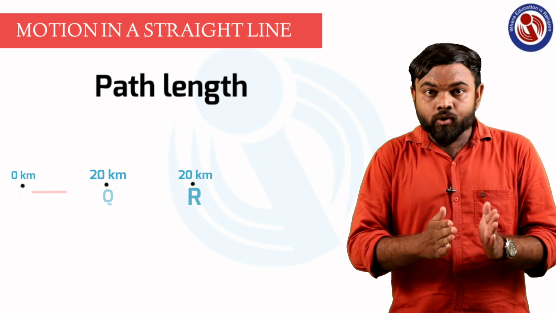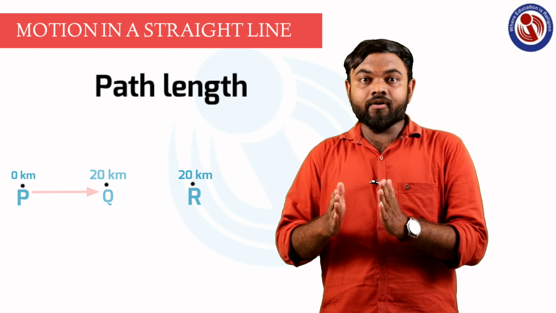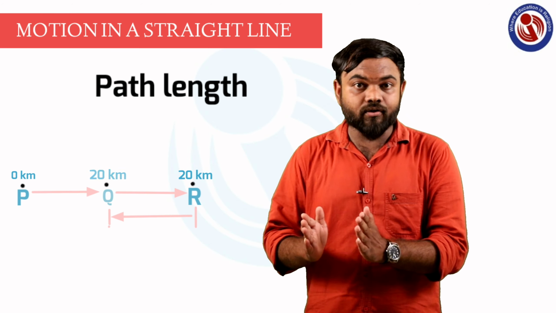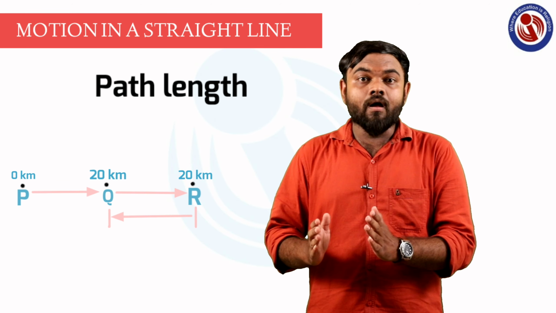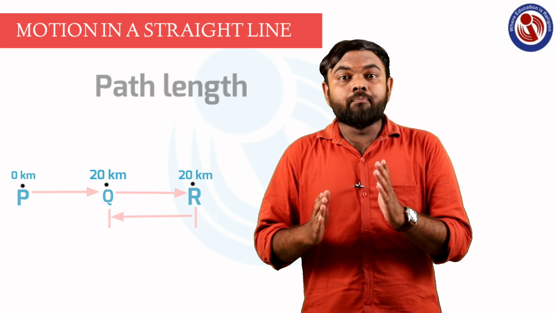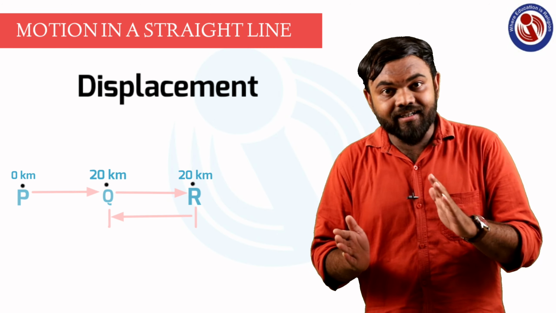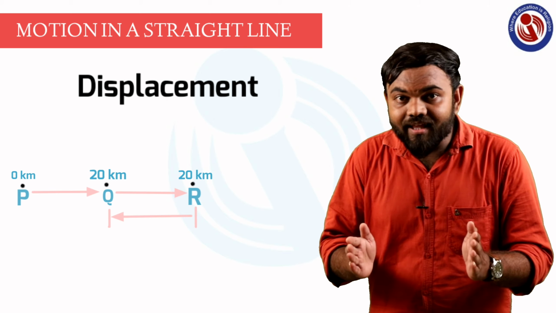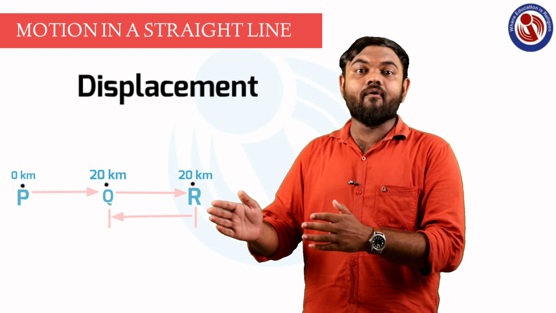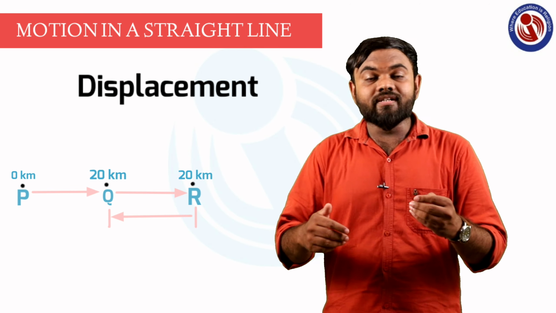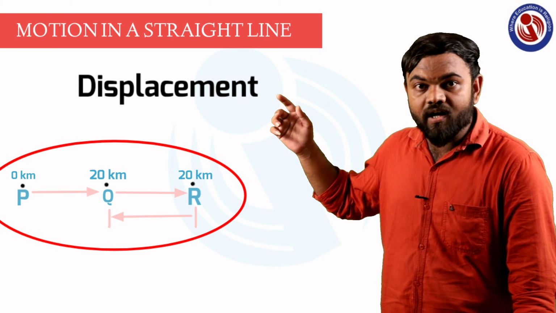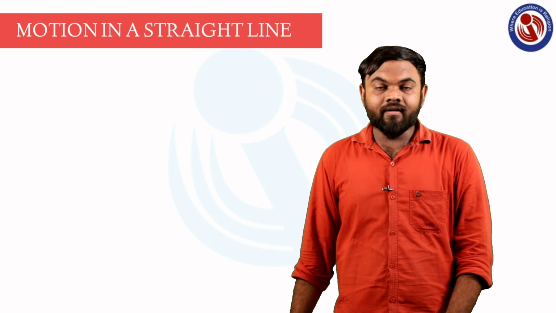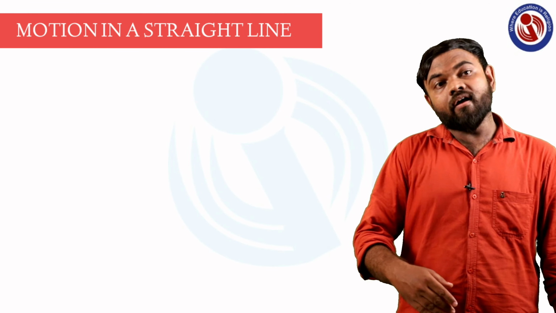We go P to Q 20 km, Q to R 20 km and R to Q 20 km backward. Here path length is the total distance covered by the object. What is the total distance covered by the object here? 60 kilometers. Okay?